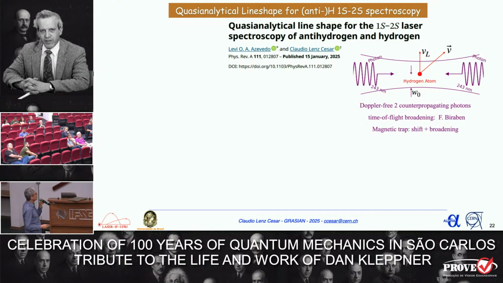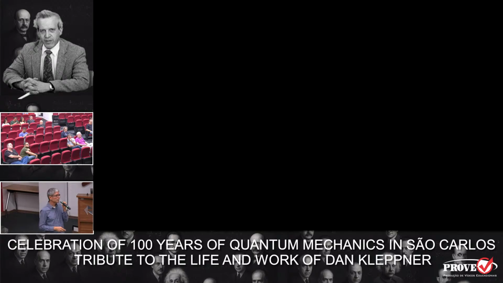Let me show you very quickly. I'll just pass through this. This is too much detail. But if you have the photons coming counter-propagating, the two laser beams, to avoid the first order Doppler effect, the atom crosses here, and then you get this time of flight broadening line shape that was first given by François Biraben in France, and we reinterpreted that at MIT as an effect of exchange of transverse momenta with laser beams.